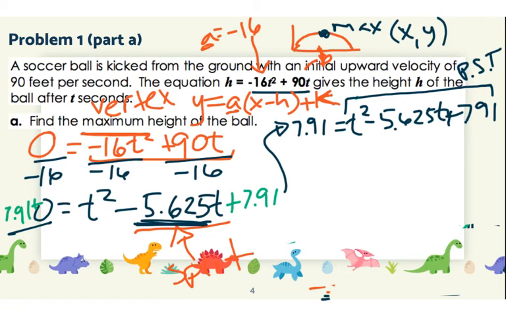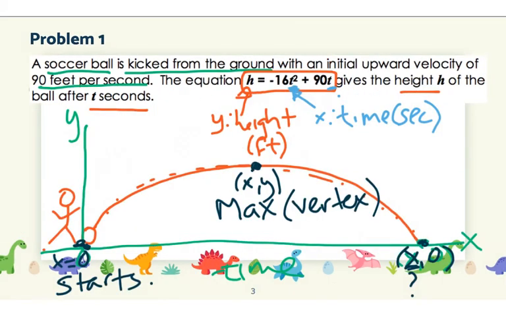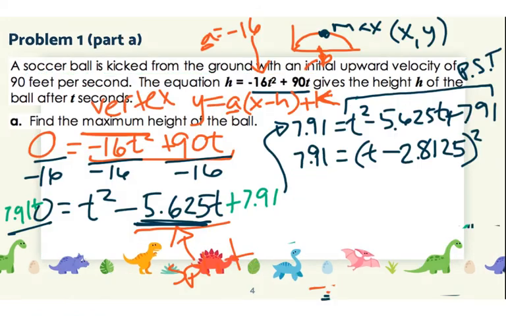All right, and I know that that side will be t minus 2.8125 squared. Now, we are not solving for t. Remember, go back here. We are not solving for those x values. If we were, then you would square root both sides. We are trying to get this into vertex form. Oops, and I forgot the squared there. Right, that should be x minus h squared.